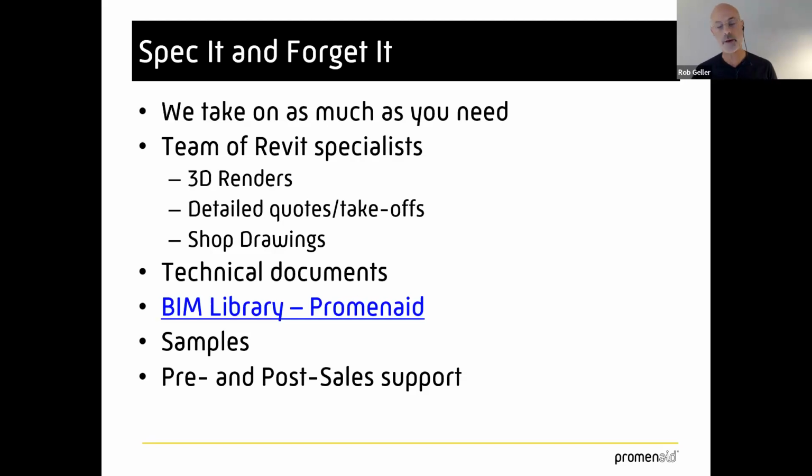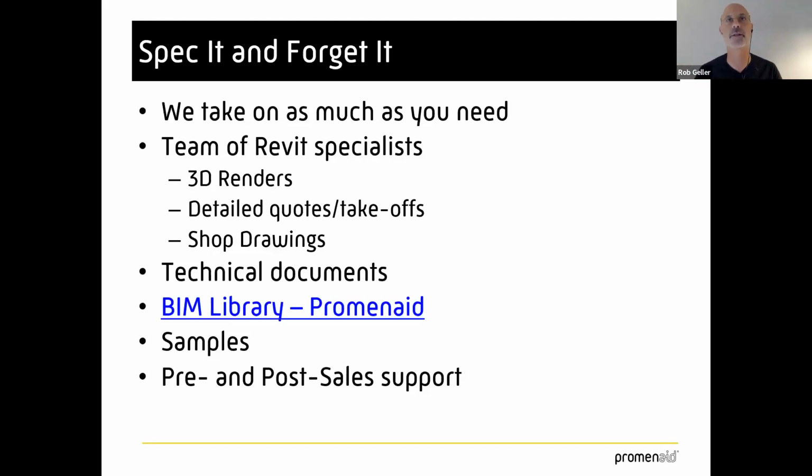So the way our system works is we get plans in, either the CAD file, the DWG file, or PDF. We have a team of Revit designers. They will do the renders, detailed takeoffs, shops. We have a whole library of technical documents for you, the specs, the instructions and everything, for you to download. We've got a nice compact sample kit.